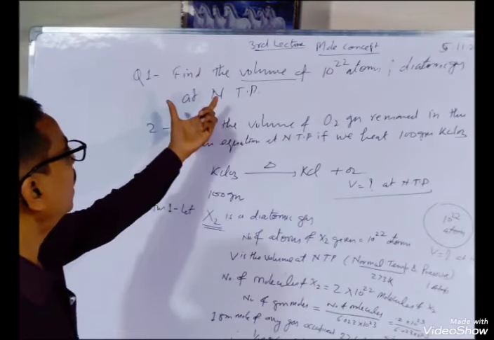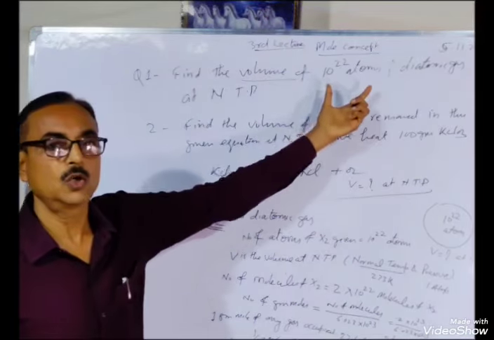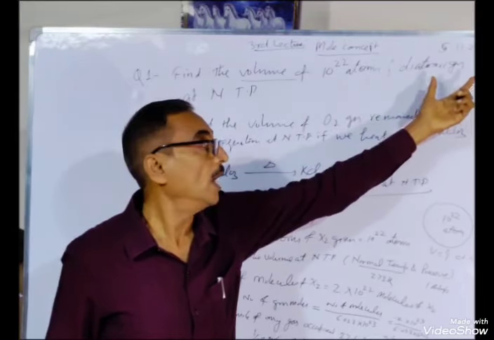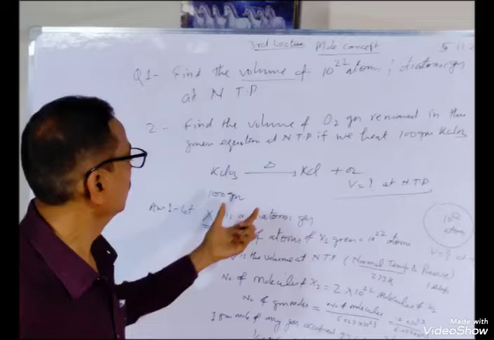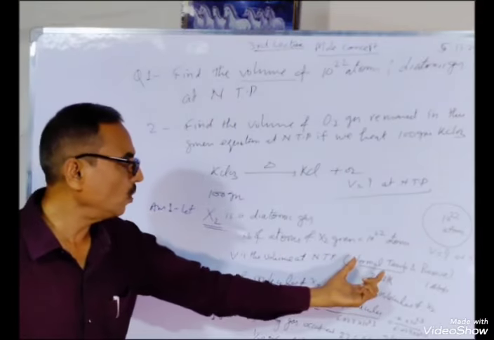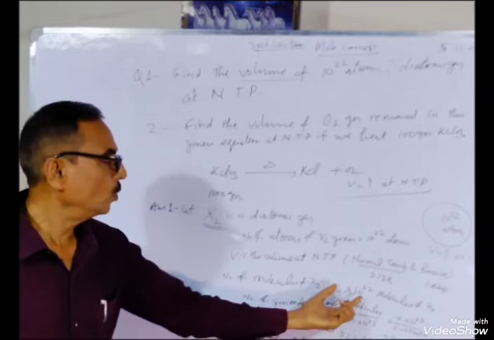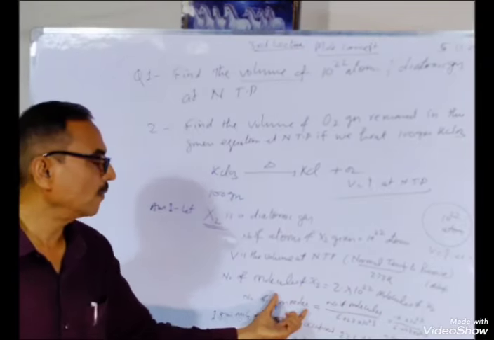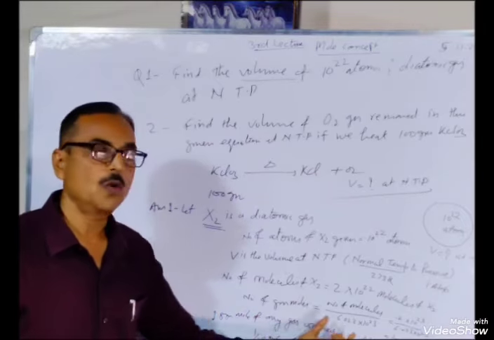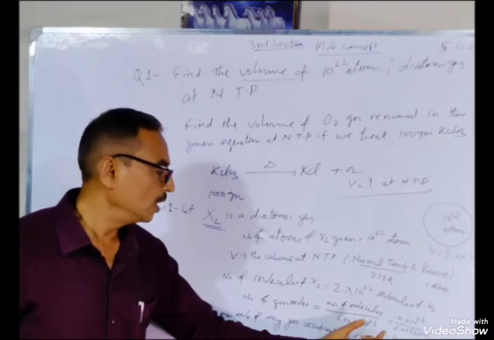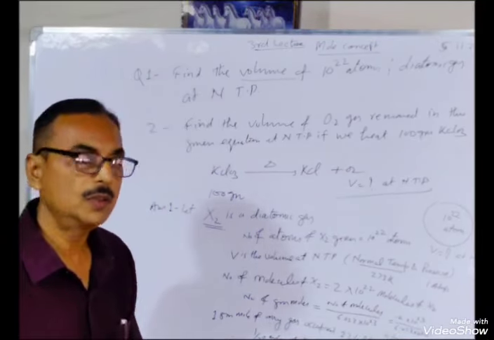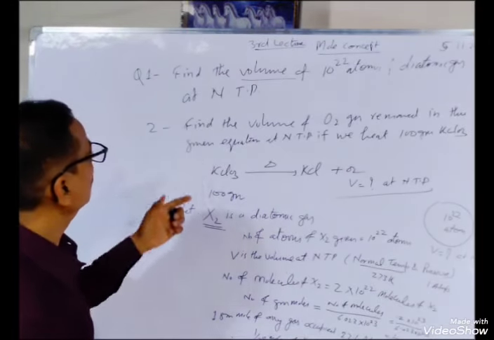So here it is clear. 10²² atoms of diatomic means a molecule having 2 atoms. Suppose it is X2, then find the number of molecules, 2 into 10²², then number of gram moles, and finally each gram mole occupies 22.4, therefore 1 by 30 mole, that many liters. Understood? Then second question.